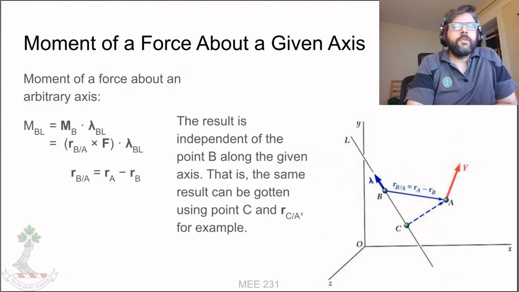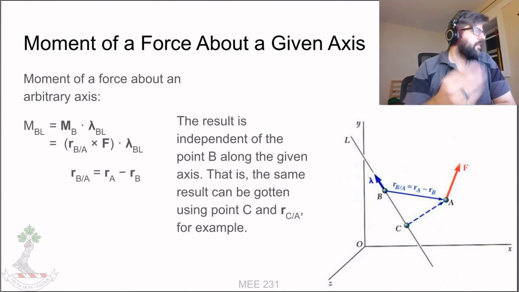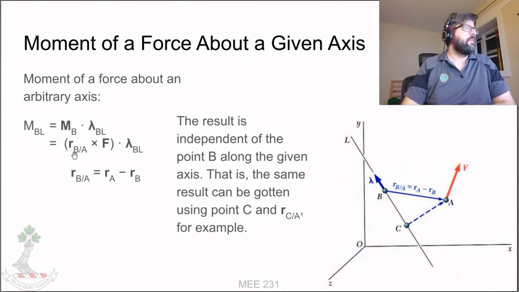We can also do something similar to calculate the moment of a force about an arbitrary axis, one that doesn't necessarily pass through the origin. Similar idea. We just need to do what we discussed previously to figure out the moment that this force causes about a point on the line.